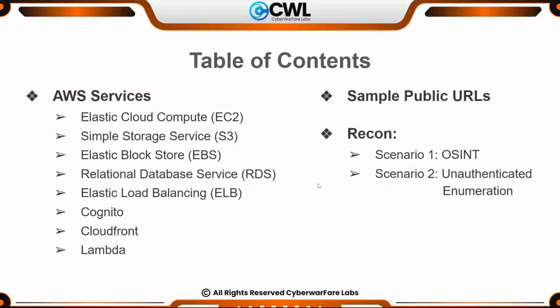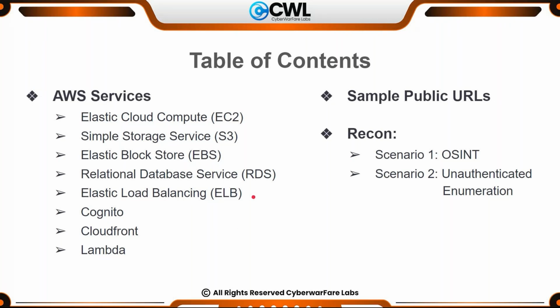Hello, everyone. As ma'am has mentioned, today's focus is on external attack surface for initial access in AWS Cloud. So as you can see on the screen, this is our today's agenda. Firstly, we covered all the services offered by the AWS, followed by an exploration of public URLs associated with some of these services. You can see here.